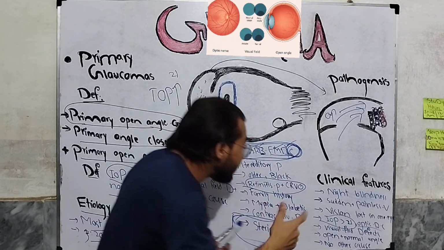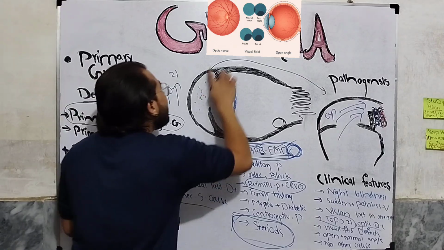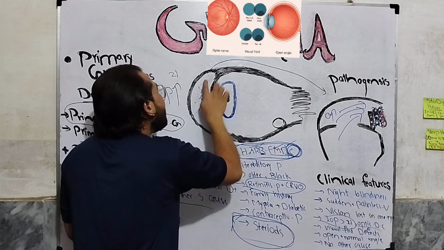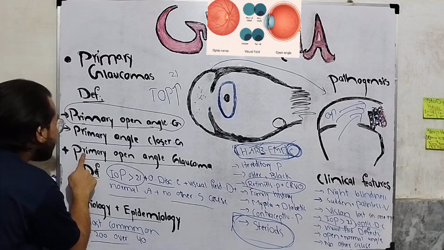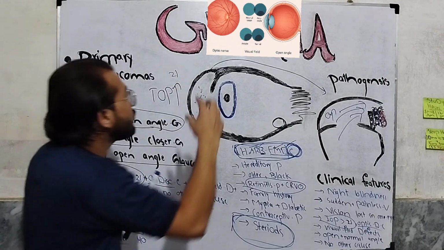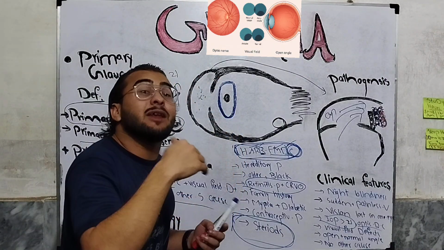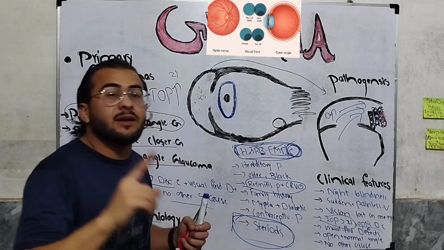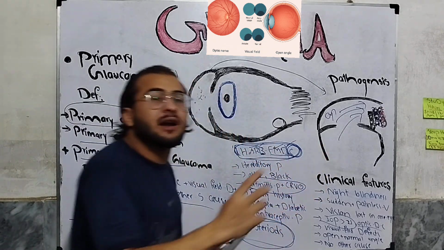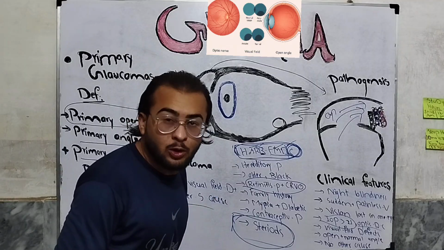When we analyze the angle, it will be open and normal appearing, as this is primary open-angle glaucoma. And the last important one is that there will be no other secondary cause of glaucoma.